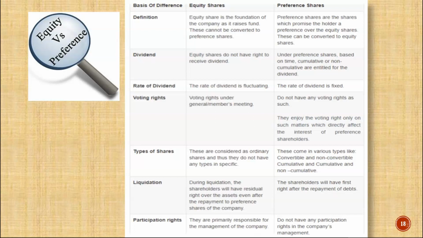During liquidation, the equity shareholders will have a residual right over the assets even after the repayment to the preference shareholders of the company. The preference shareholders will have the first right after the repayment of debts.